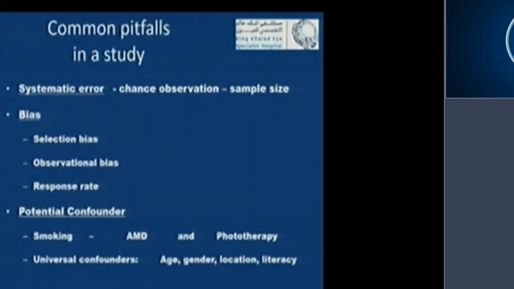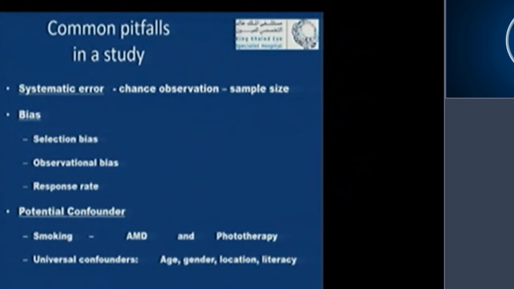Now when you are doing a study, three major evils are there which you have to be careful about: systematic error, bias, and confounder. When you are doing good planning of the study with the help of team members, these are addressed and we have the effect of these evils minimum in your study results.